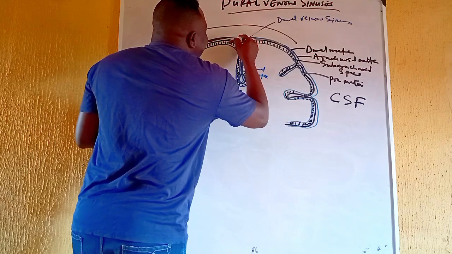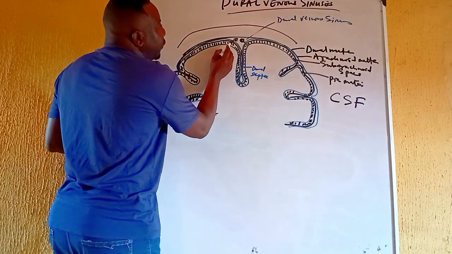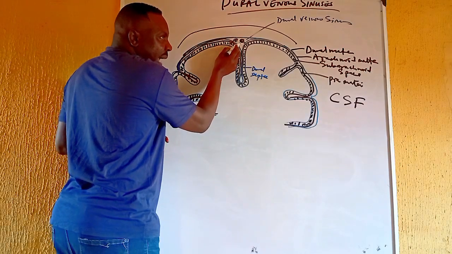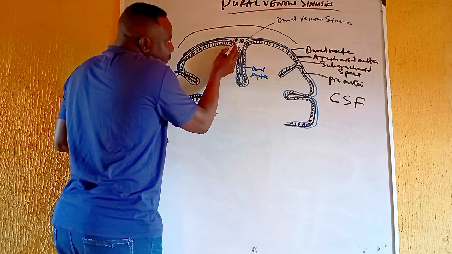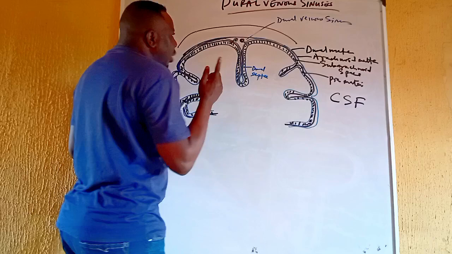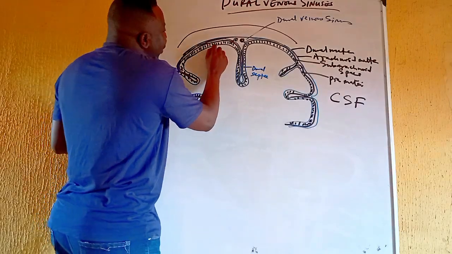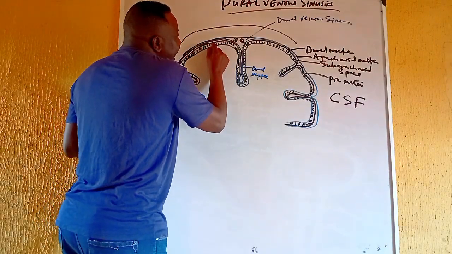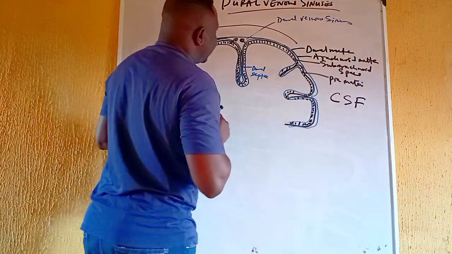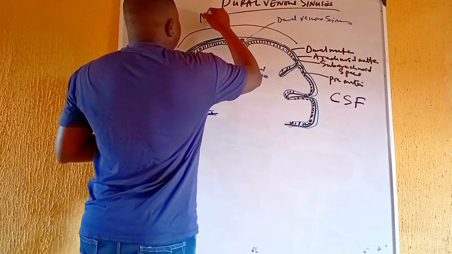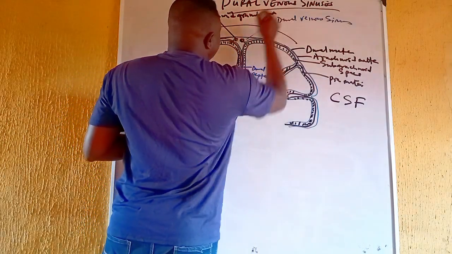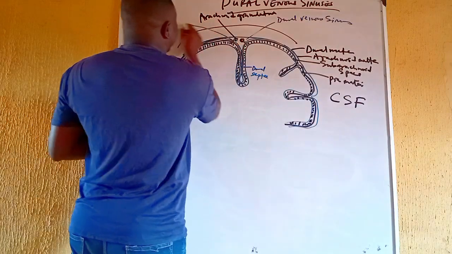The function of the arachnoid granulation is to filter the CSF into the dural venous sinuses, and then of course it goes into the circulation. Also, we have cerebral veins in the subarachnoid space that drain into the dural venous sinuses. Now this is known as the arachnoid granulation, and this is known as arachnoid villi.